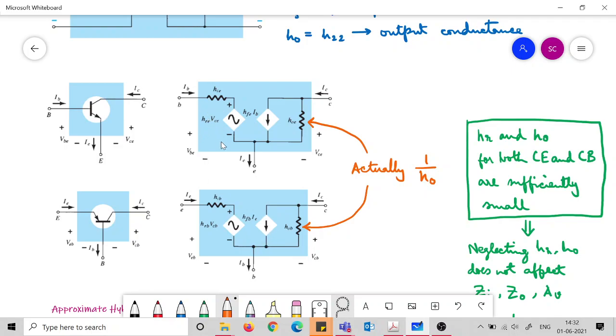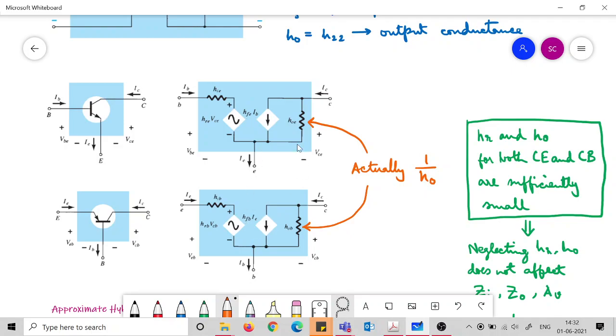Rest of the things are the same. And just note one thing, normally we write HOE here in this resistance, but HO is basically the conductance value, so the resistance value is basically 1 by HO. Please keep that in mind. Normally we can write it as HO also, but it is a conductance value, so you have to be careful there.